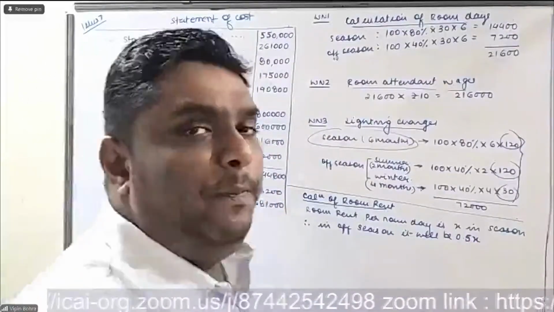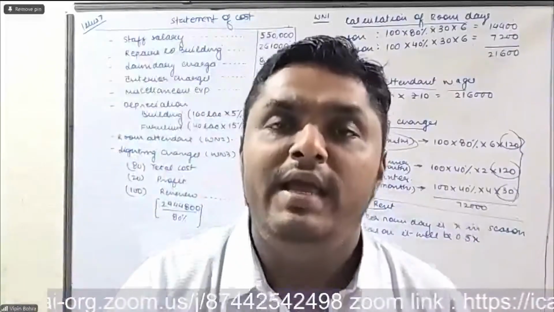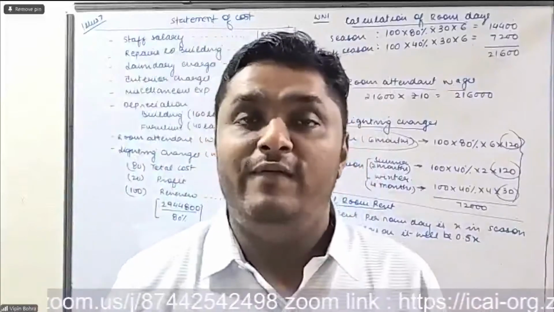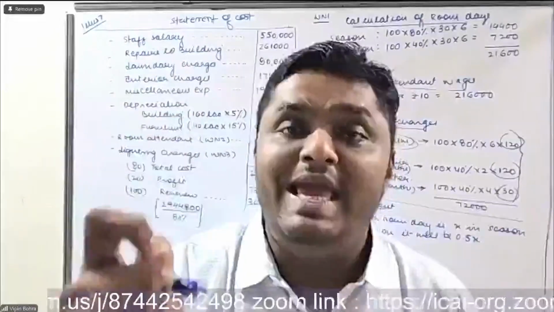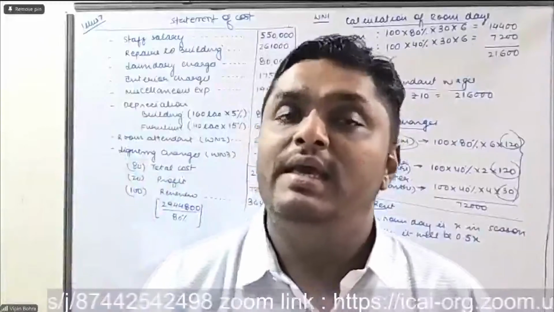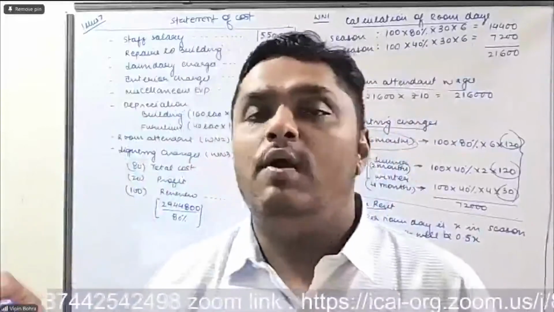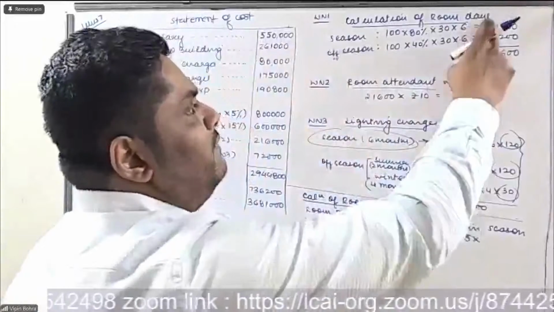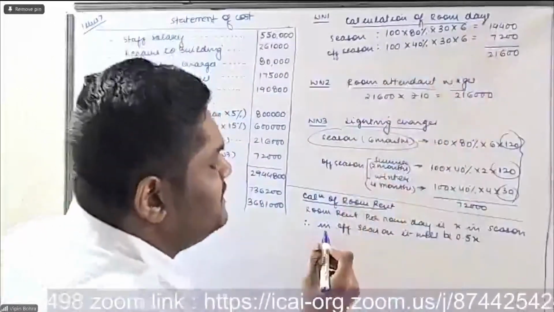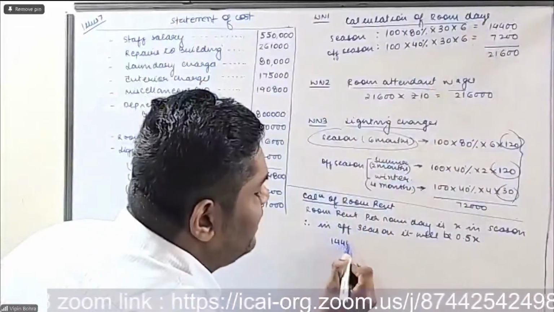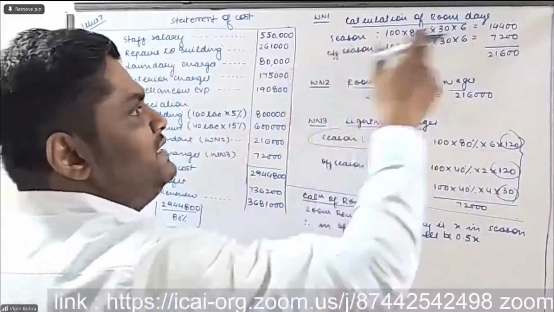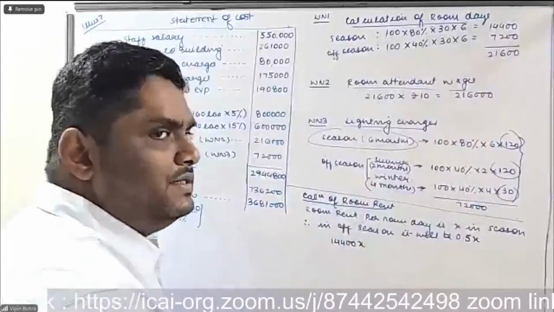So room rent per room per day, it is X during season. So if it is off season, it will be 0.5x. एक रूम का एक दिन का रेंट जो है X है इन सीजन, तो ऑफ सीजन का होगा 0.5x. Now per day room rent is X, and when talking about the number of rooms in season, it is 14,400. So the total revenue for the season will be 14,400x.